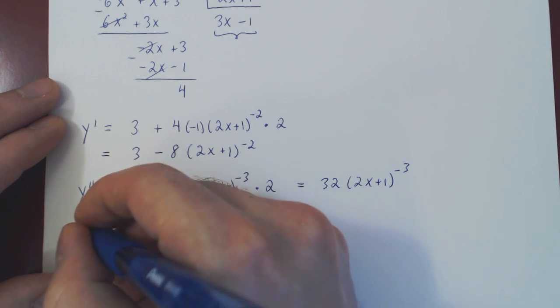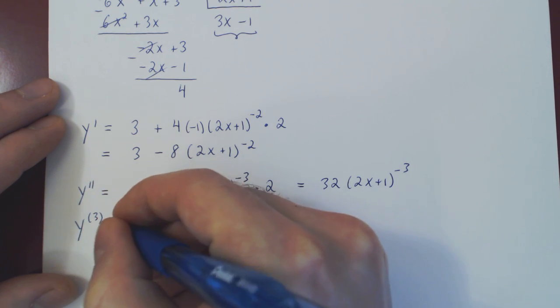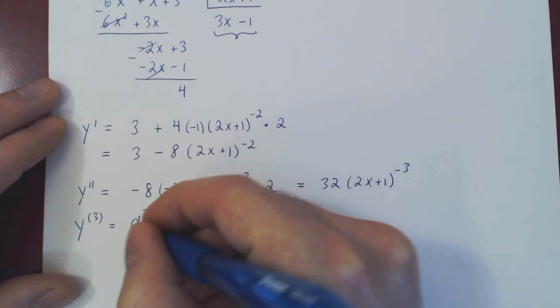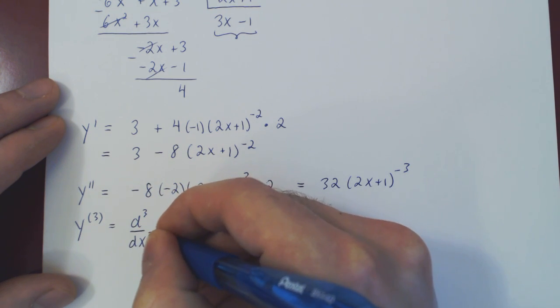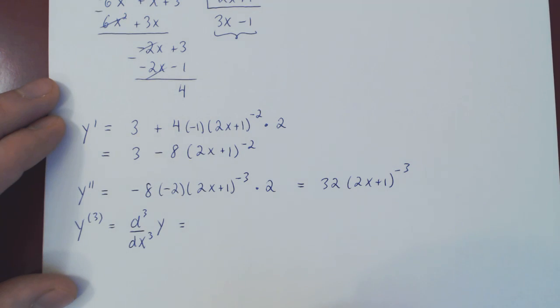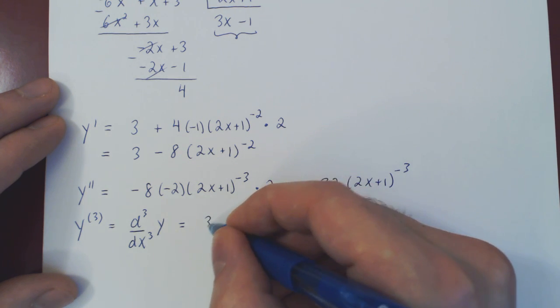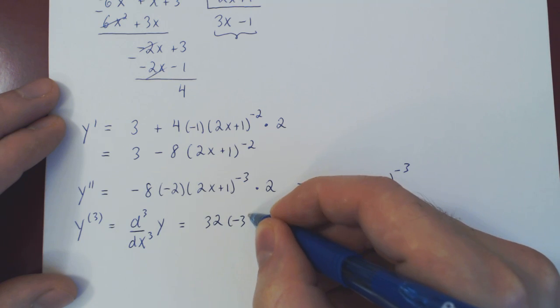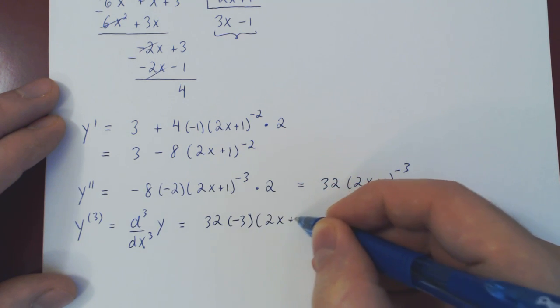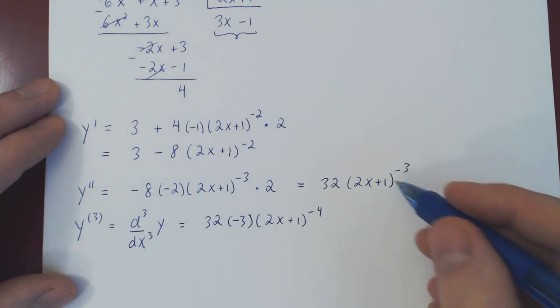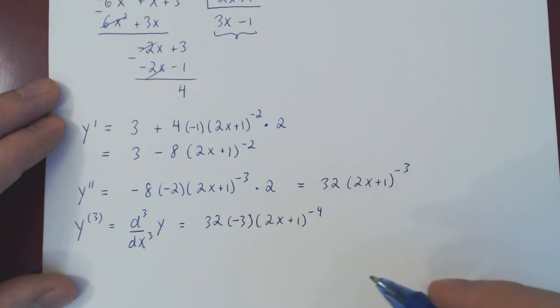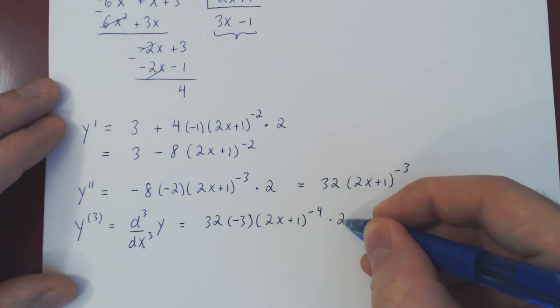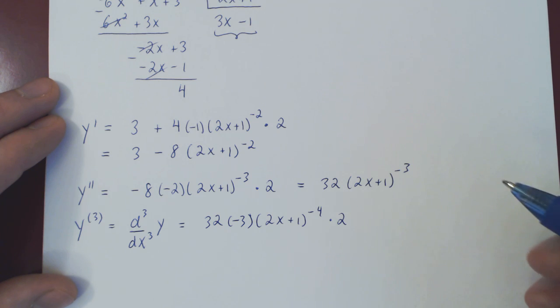We were looking for the third derivative, or if you prefer, d cubed over dx cubed of y, which of course is obtained by taking the derivative of the second derivative. Very simple. 32 stays there as a constant multiple. Power rule, bring the exponent down. Subtract 1 from the exponent. Chain rule, times the derivative of the argument, which is 2. So what do we have?